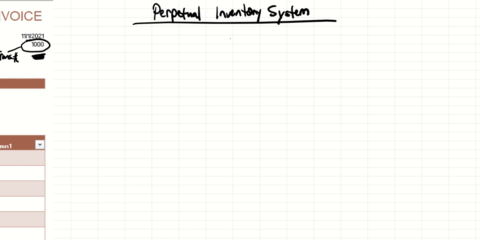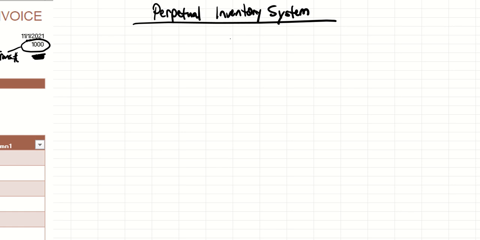Under this system, once the sale is made, the revenue is going to be reported along with the expense, because the expense is reported along with the revenue that's generated in real time. If the sale is made on November 1st, the revenue is recognized on that date, and the expense is recognized on that date as well, because you're recognizing revenue and expense in real time. That's what perpetual means.